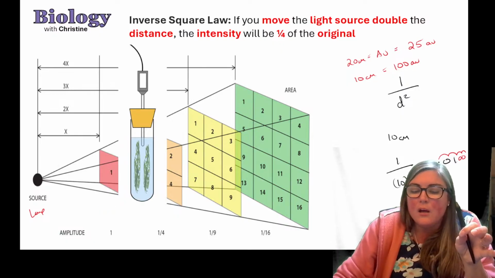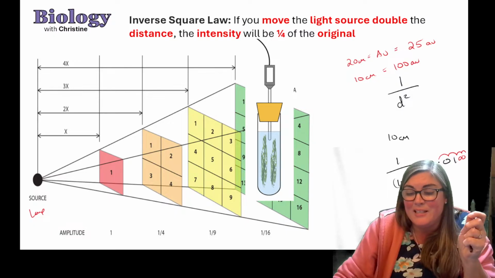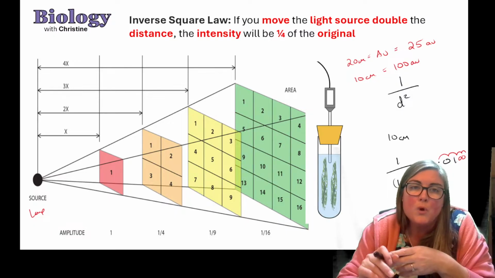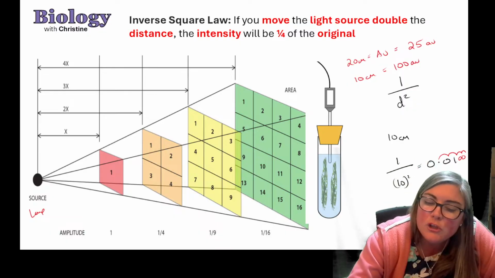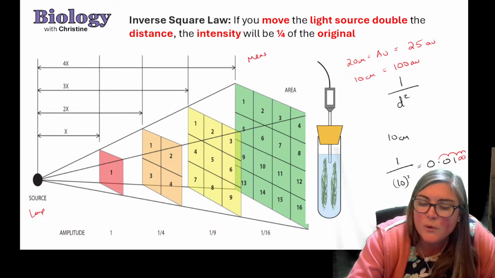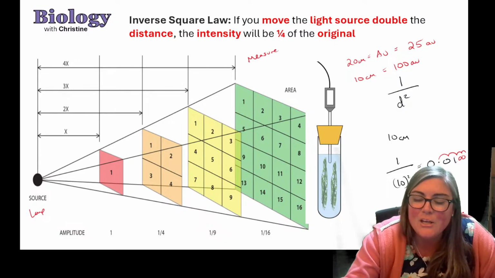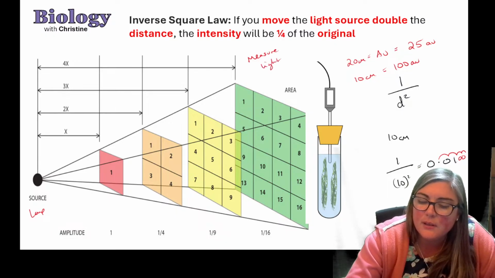But if I were unable to keep it at the same distance, if I was having to have it move, what could I do and what should I do? I should measure. So if you cannot control, measure the light intensity.